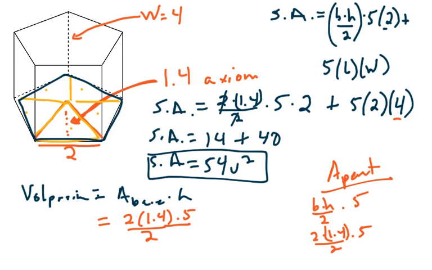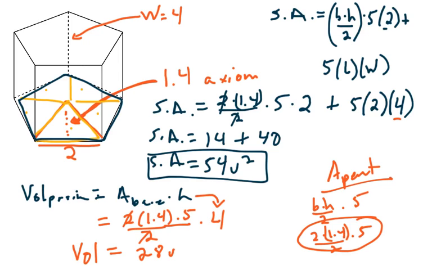So there's the area of our base shape, our pentagon, times the height of this object, which is 4. This is our height going in here. So I'm just going to cancel out the 2's, and we get the volume equals 5 times 4 is 20, so 28 units cubed is the way I look at that one.